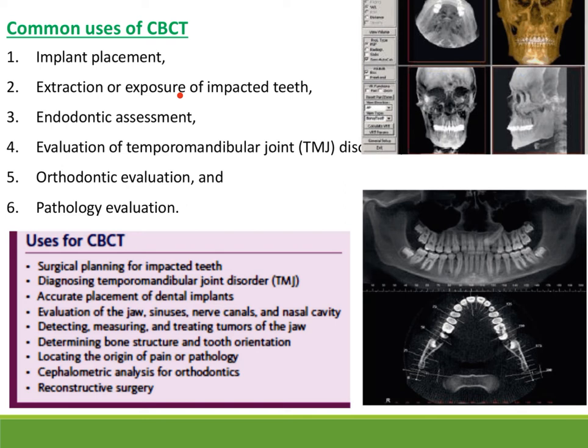That means surgical planning for impacted teeth, orthodontics, accurate placement of dental implants, that means implant imaging, evaluation of jaw, sinus, nerve canals, and nasal cavity, determining the bone structure and tooth orientation to find out whether there's any complication arising or expected to have from those structures. Locating the origin of pain or pathology, then cephalometric analysis for orthodontics and reconstruction surgeries. So these are the indications where we use these type of images.